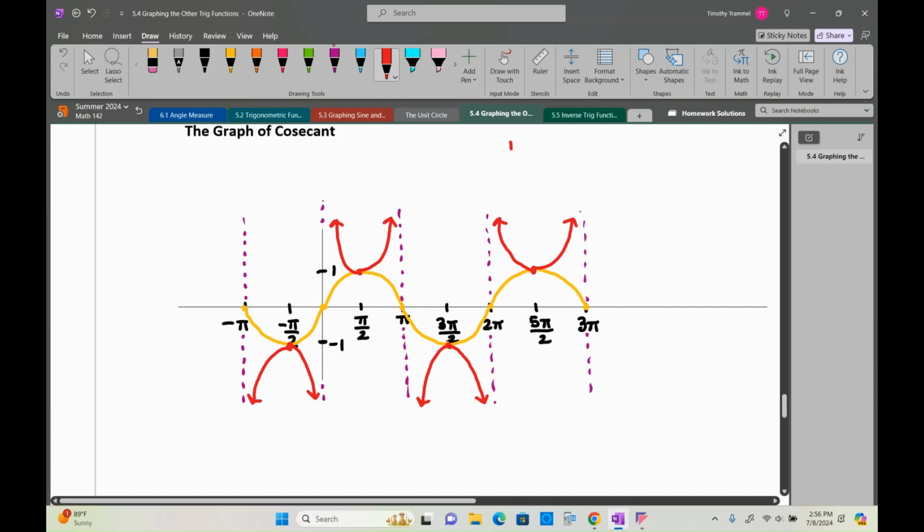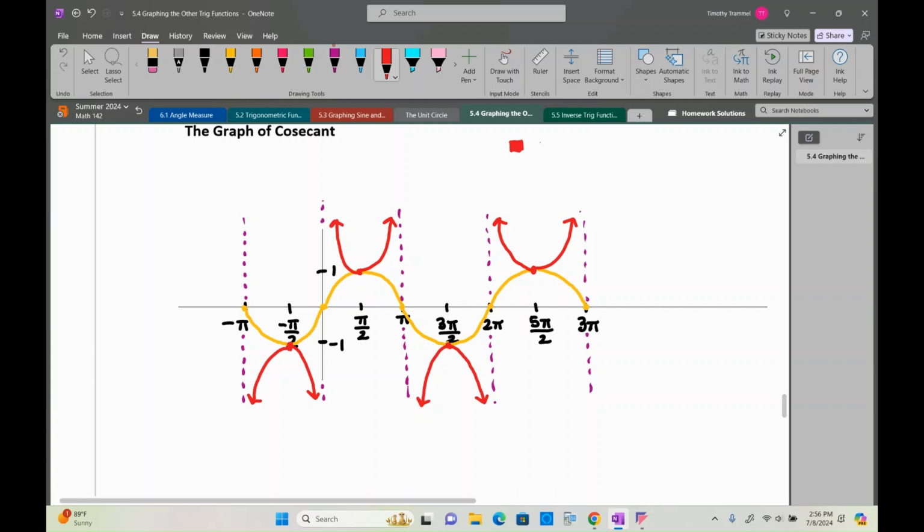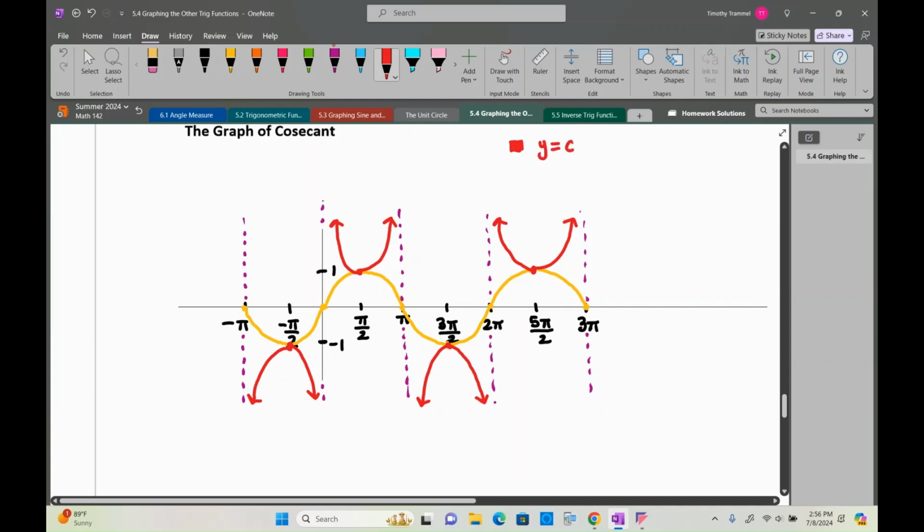And so if we put in maybe a little legend here, in the red we have y equals cosecant of x, and in the yellow, we have sine of x. Now, this is exactly 2 periods graphed here.